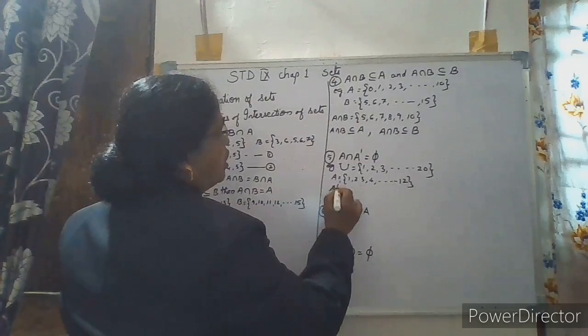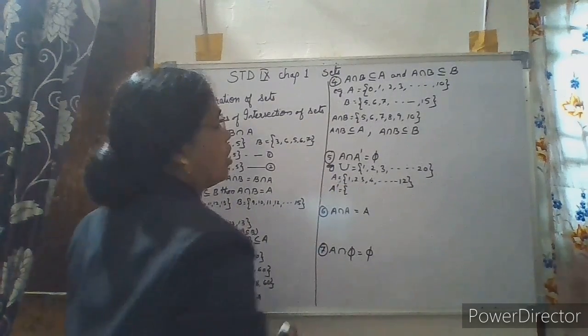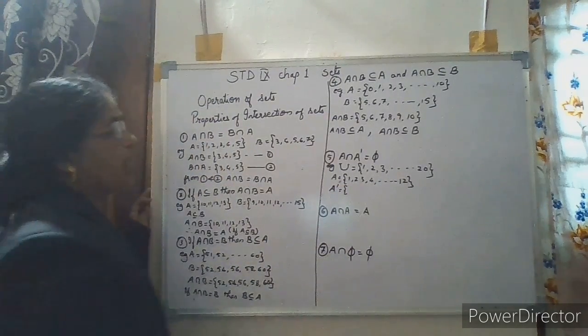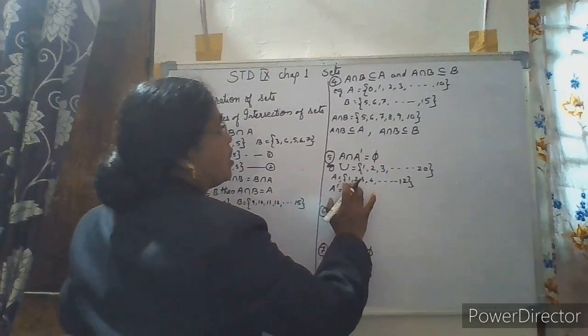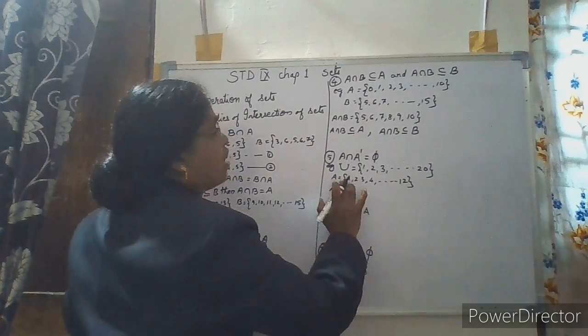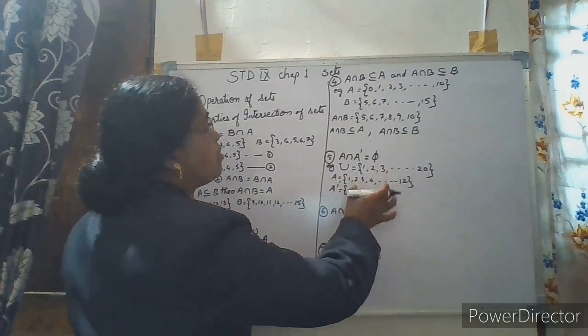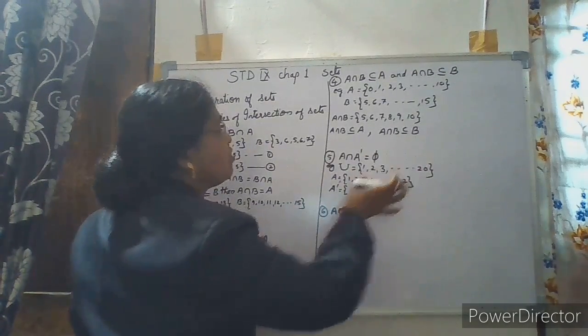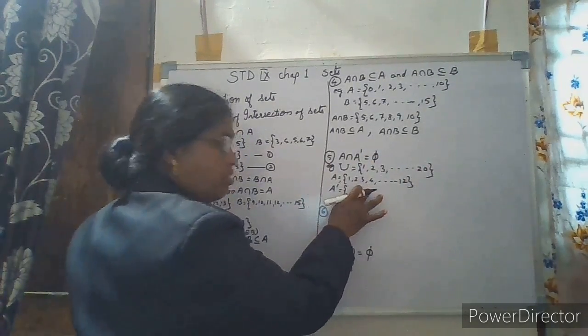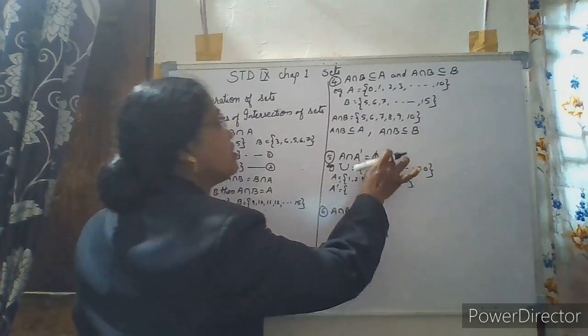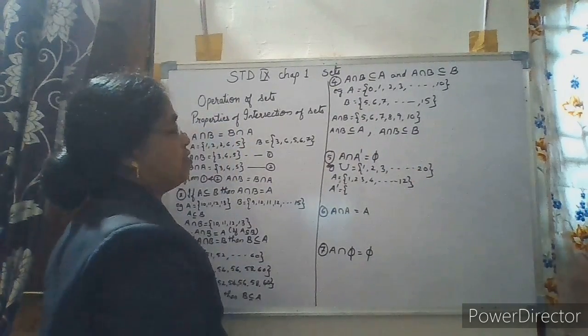You have already learned the complement of A. The complement of A is the set of elements that are not present in set A but are present in the universal set.